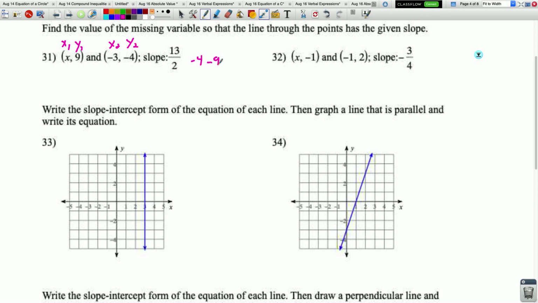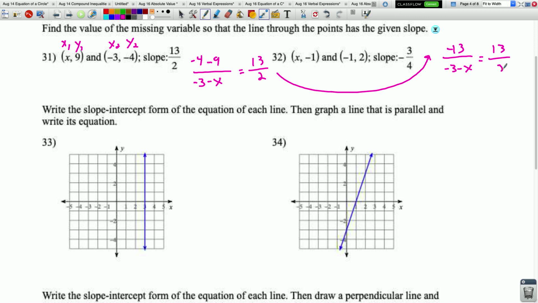Negative 4 minus 9 over negative 3 minus x equals 13 over 2. Negative 4 minus 9, that's negative 13. So let me rewrite this over here. Negative 13 over negative 3 minus x equals 13 over 2.